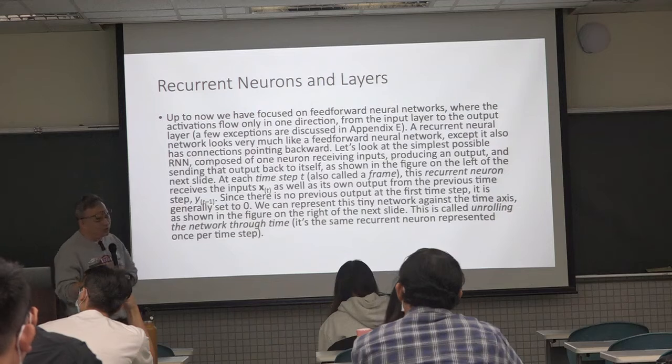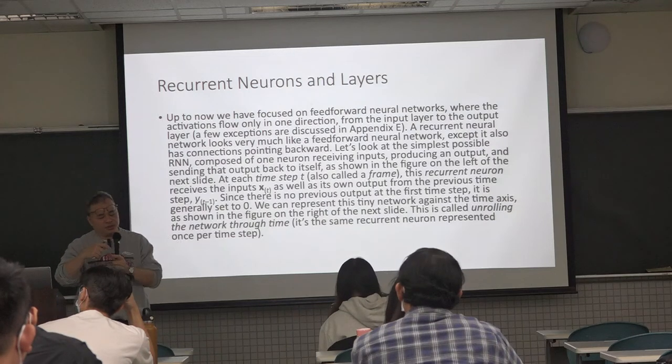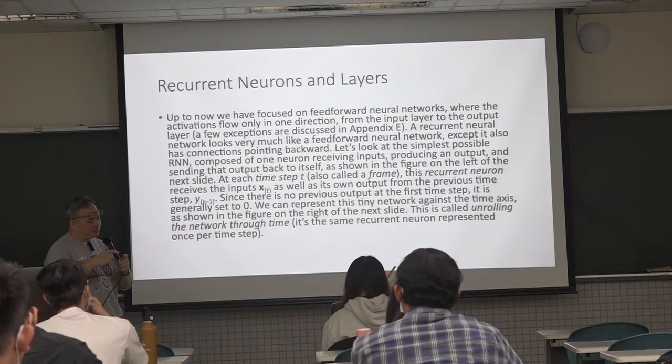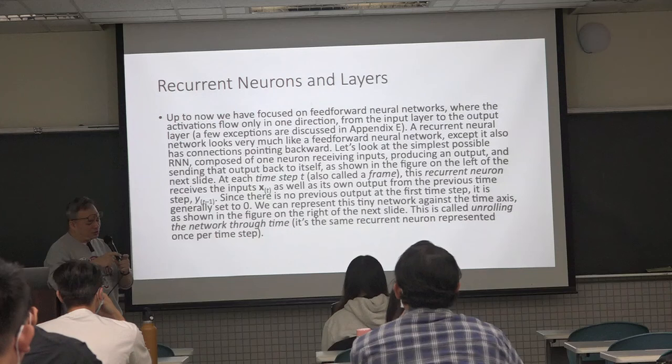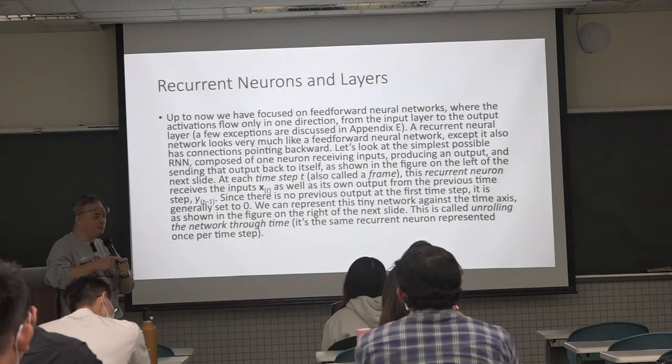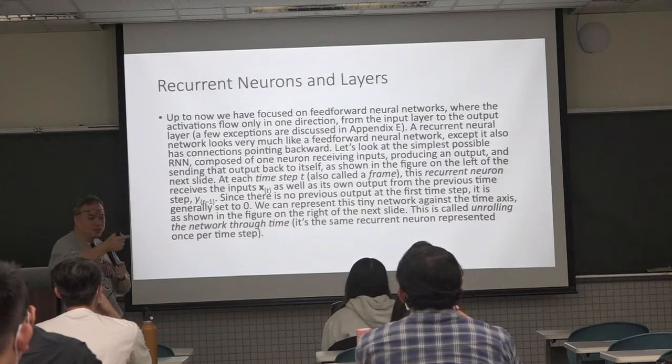The regular neuron that we already know takes multiple inputs and computes the weighted sum of the inputs, and then applies the activation function, and then outputs.